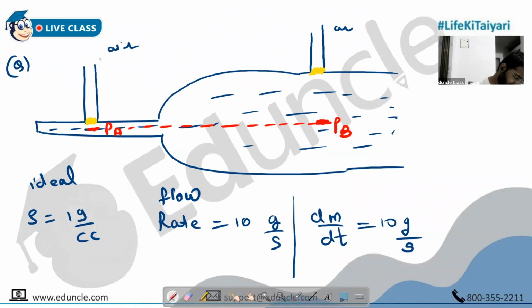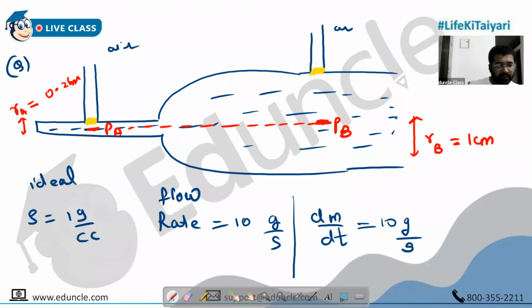The radius of this small tube, let's say RA, is 0.2 centimeter. This is radius, not diameter, okay? And the radius of the larger tube, RB, is 1 centimeter. They're asking us for the value of PB minus PA.